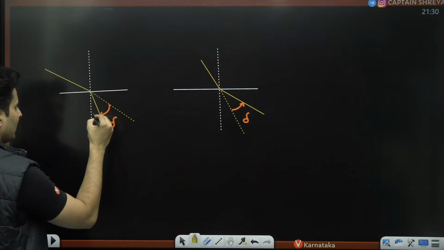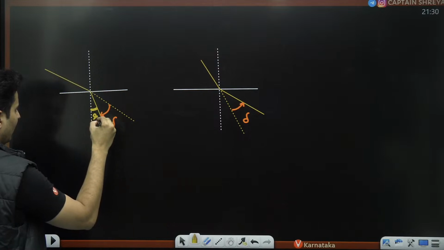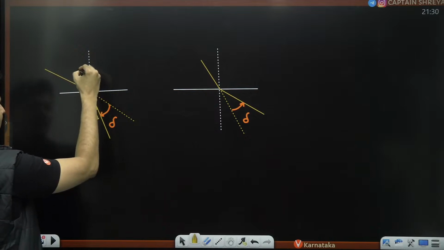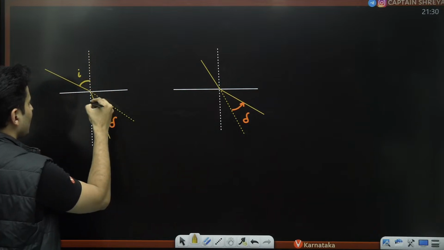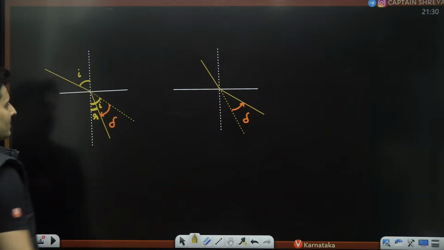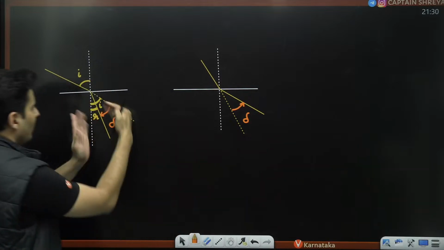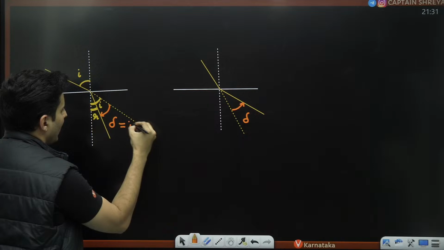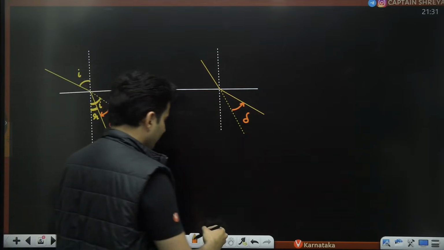See this. This much angle over here is the angle of refraction. This whole angle is the angle of incidence. That means if this is the angle of incidence, this thing over here is also the angle of incidence. So how much will delta be equal to? This whole angle minus r. So it will be i minus r. Same logic used over here.